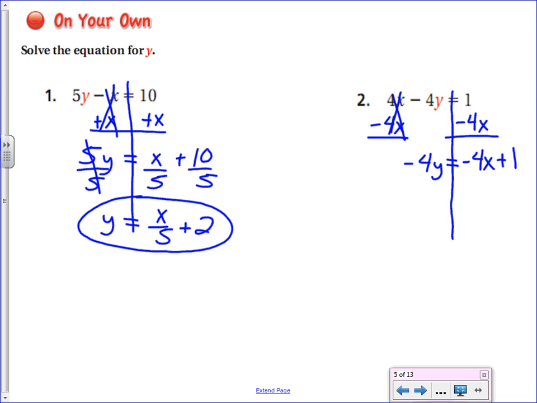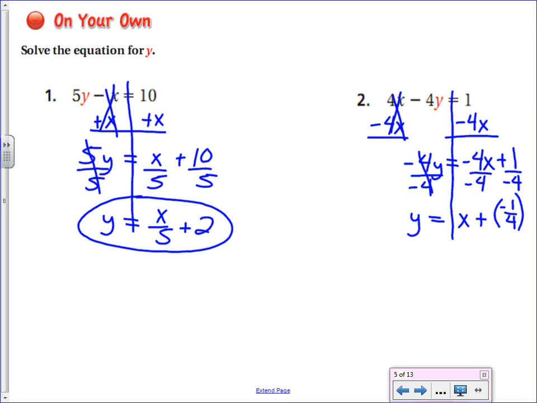Now I have negative 4y, which is a multiplication problem. So I need to divide everything by a negative 4. Remember, division is the inverse of multiplication. So I'm going to divide by negative 4. That leaves me with y equals a negative 4 divided by a negative 4. Negative and negative make positive, and that's just 1, so I can write it as x plus a negative 1/4.